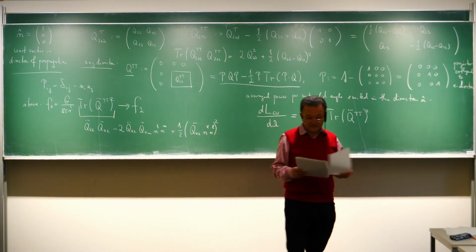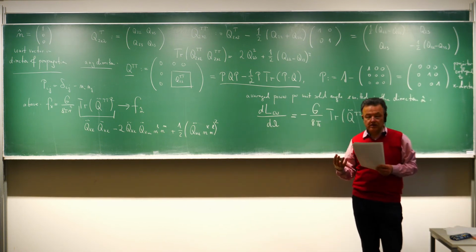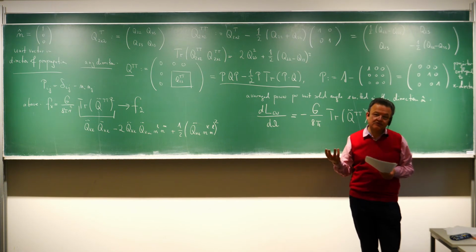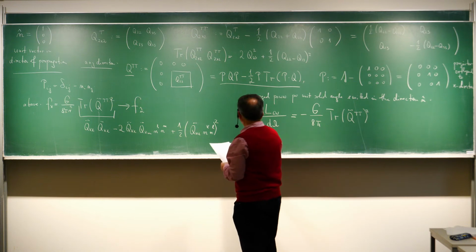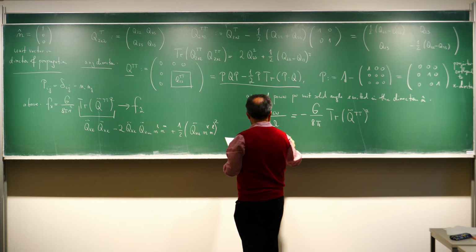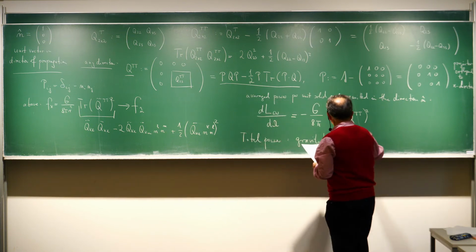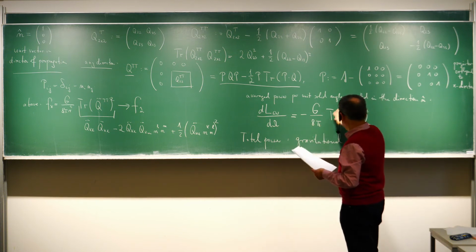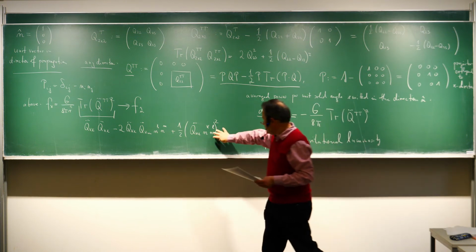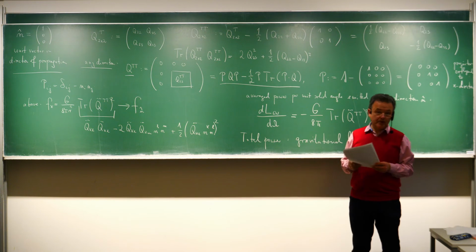What we are interested in finally is the total power, and this is what we also call the gravitational luminosity. So the total power is the gravitational luminosity, and this is obtained by integrating this expression over the spherical angle omega.